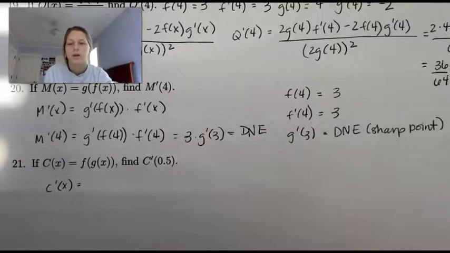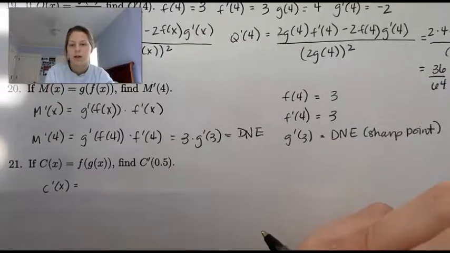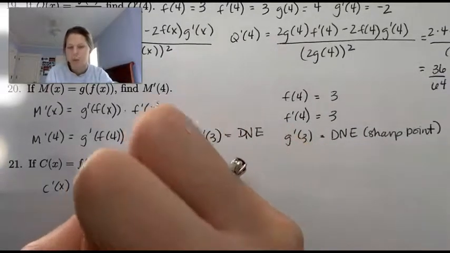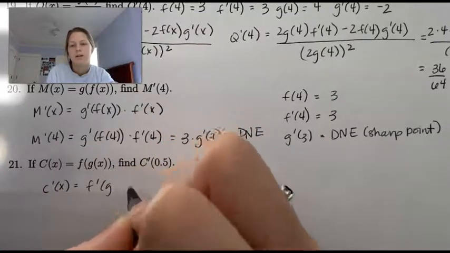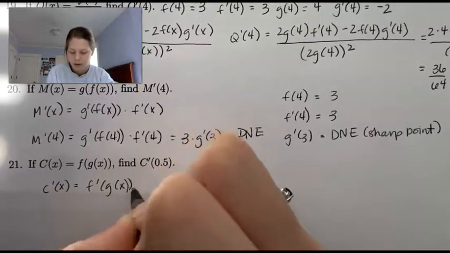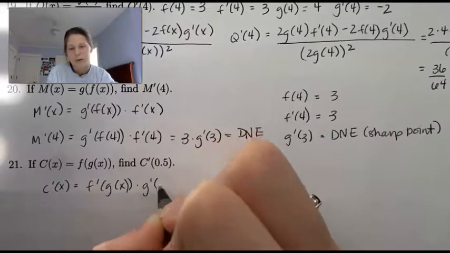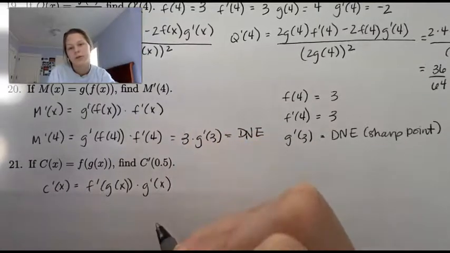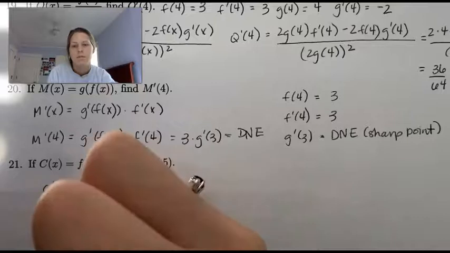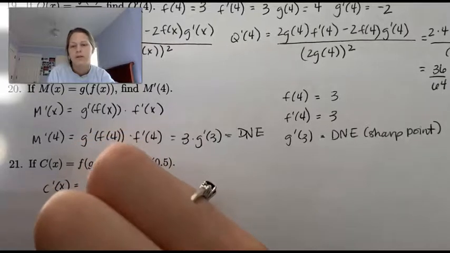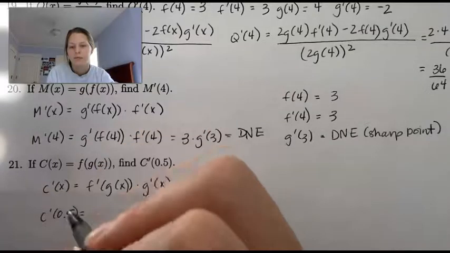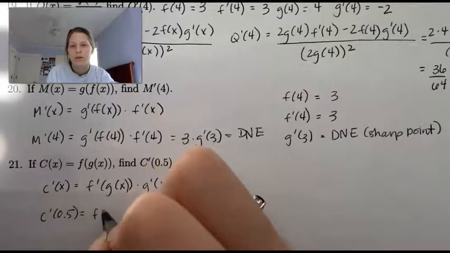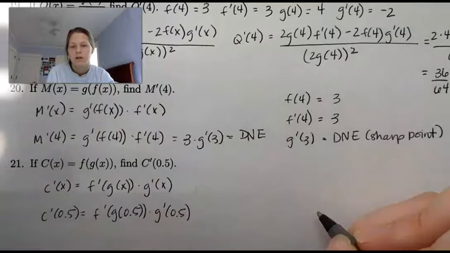So here we go with number 21, the last question in our worksheet, and C prime of x is f prime of g of x times g prime of x. So it's just a simple chain rule question. Then our value here is 0.5, so we will plug that in, and we will end up with this.